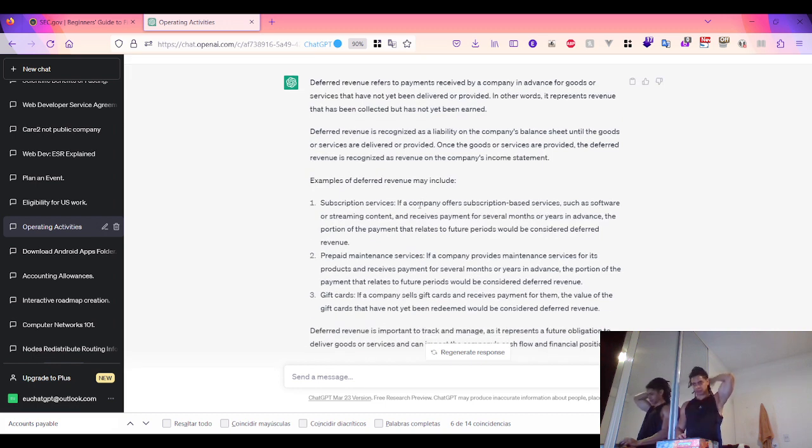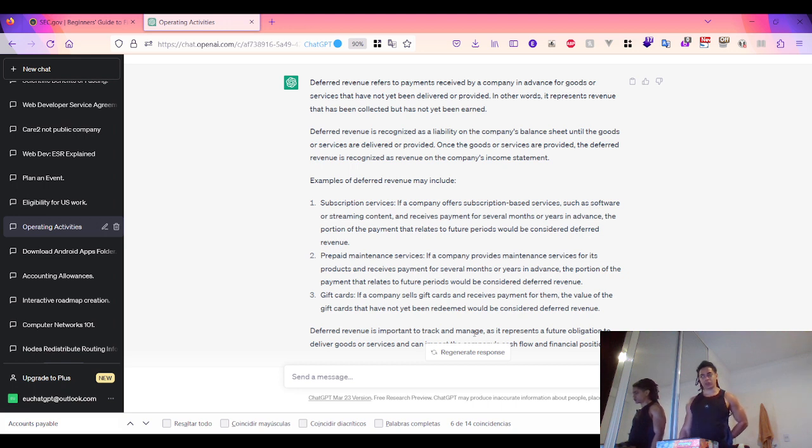So deferred revenue is an obligation that a company has, even though it collected the money, to provide the goods and service.